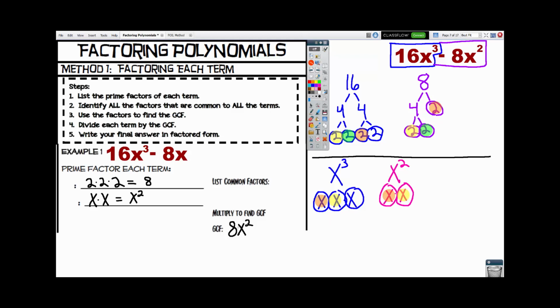So this is what we are going to factor out of our binomial. And this is where things might get a little bit strange, but that's okay. That's why we're doing multiple examples. Here's how it's going to work. We are going to divide each term by the greatest common factor that we just calculated.